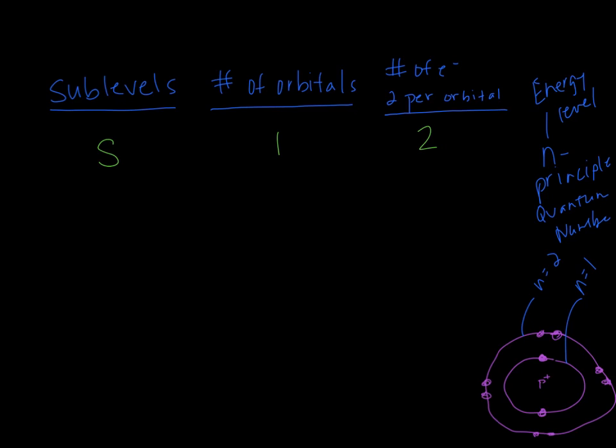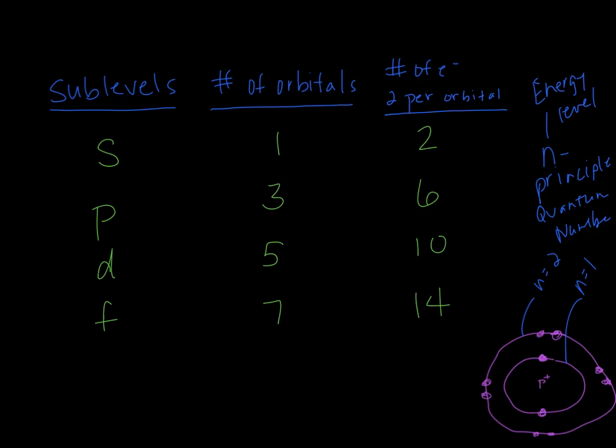And then we have a P sublevel, and the P sublevel has 3 orbitals in it, and so there would be 6 electrons there. The D sublevel has 5 orbitals, and there are 10 electrons total there, and then the F has 7 orbitals, and so there's 14 electrons there.